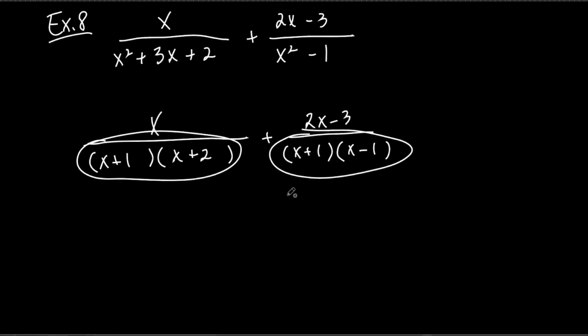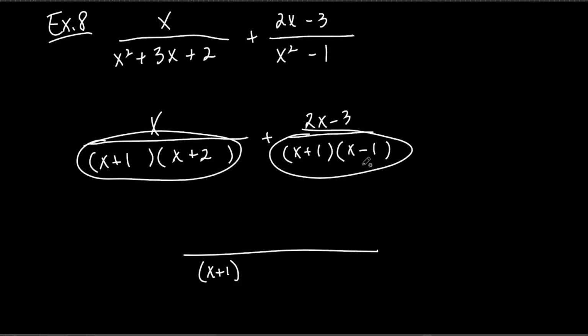I just pick one. All right, so I'm going to put this over one denominator. My common denominator is x plus 1 is one of them. What else shows up here? I already got an x plus 1. What else shows up? Okay, I got an x minus 1, and I also have an x plus 2. I've already taken care of the x plus 1.